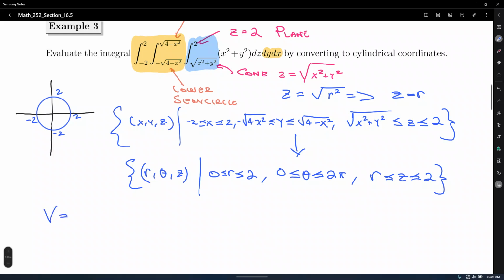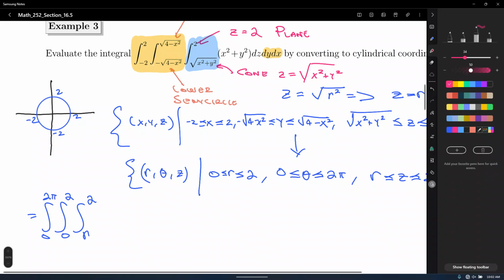That is a volume. Oh, no, this is not a volume integral. This will be simply the triple integral, from r to 2, from 0 to 2, and from 0 to 2 pi. And careful, because what is this x squared plus y squared in the integrand? What does that become? Just r squared, right?